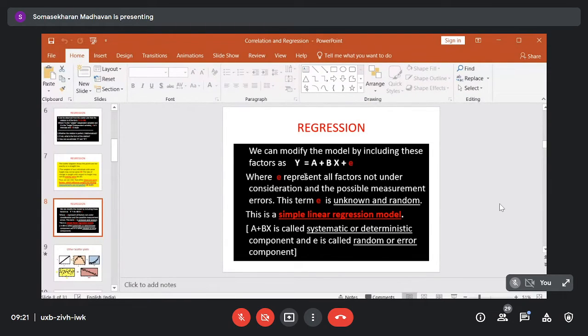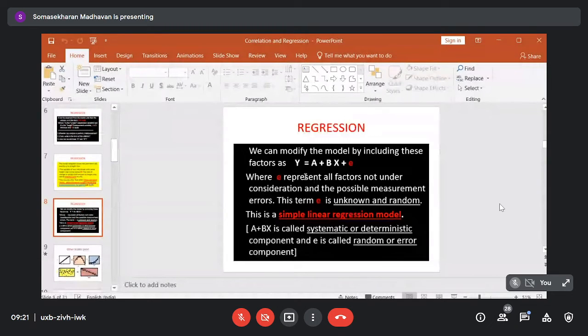The dependent variable can be expressed as a function of the independent variable x, plus the systematic errors which influence the relationship, and the random factors which influence it.